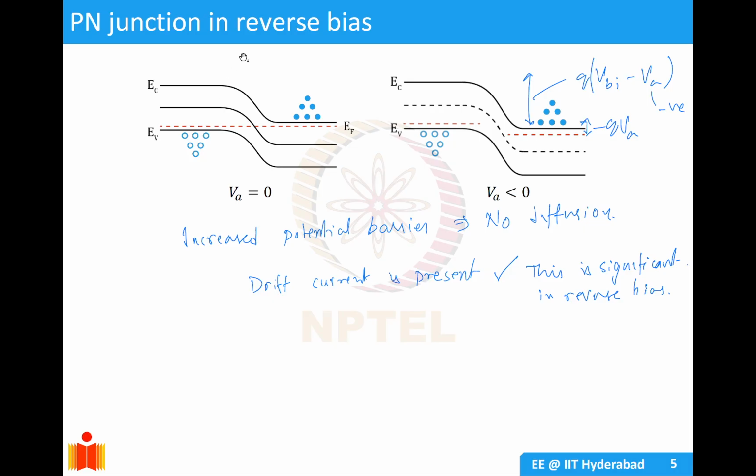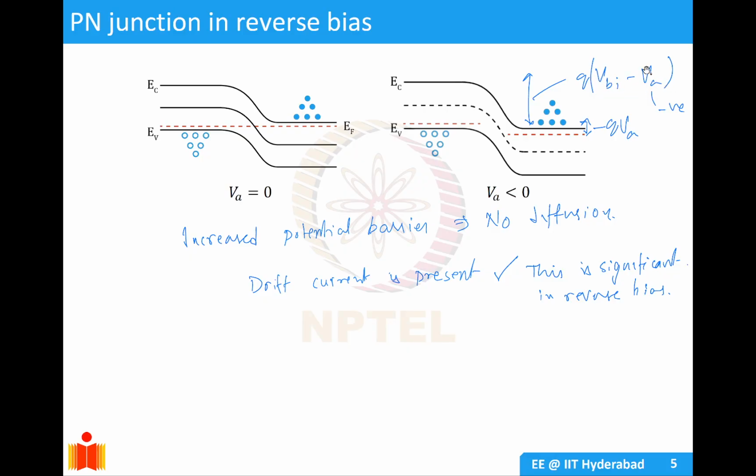Similarly, when you apply reverse bias, your EFP will now move up. When you move your EFP up, your EC and EV also move up, and your built-in potential increases. It's now q(VBI plus VA).